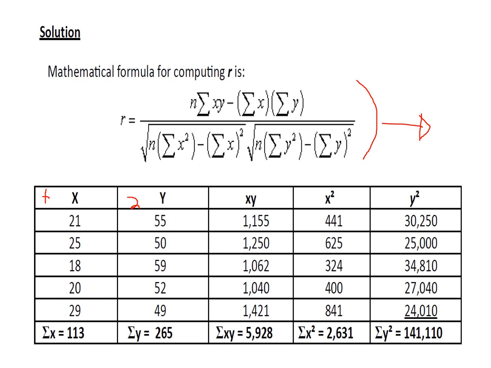You just need to break it down bit by bit, component by component. This component here is saying the number times the sum of x, y. So you take the sum of x by the sum of y times by the number. The number of days is 5.